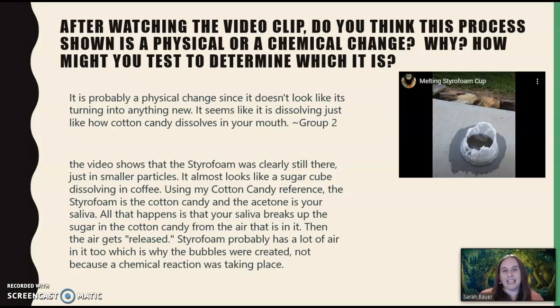It dissolves into the acetone. This definitely looks like, I could see someone saying it's eating it, it's a chemical reaction, but it's actually just dissolving. If we were able to run some tests on it, we could show that it's the same chemical compound that it was before. And the student really hit it on the head. It actually is just about letting the air out, the puffiness that causes it to appear the way it does.